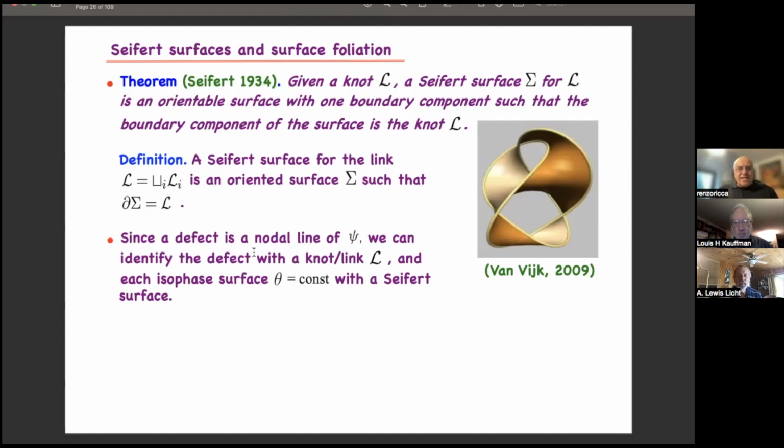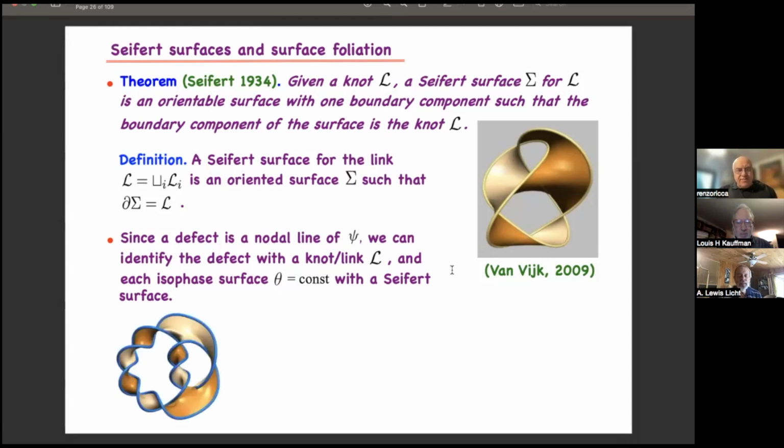Since a defect is a nodal line of psi, we can identify the defect with a knot or a link, and each isophase surface of the wave function psi can be identified with a Seifert surface.